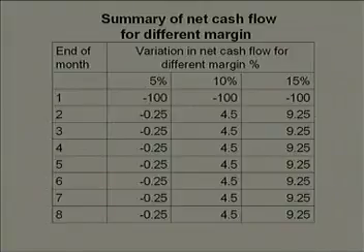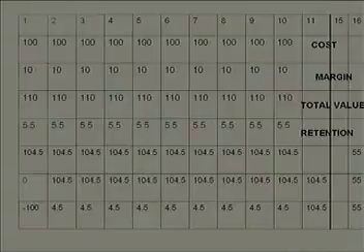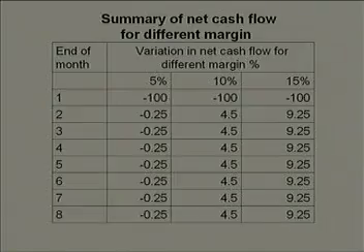Now, what you find when your margin is 5%, sorry, when your retention is, just a minute. Okay, when your margin is 5%, you are getting a different cash flow.